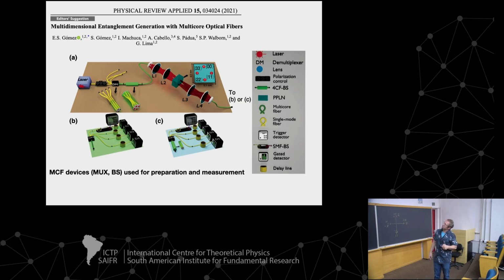The difference here is that the way we prepare these regions is we take our pump laser, we couple our pump laser with a demultiplexer, which is this, into a multi-core fiber beam splitter, and we basically divide the pump into 4 regions. So it's all fiber-based. We don't have these SLMs and so on.